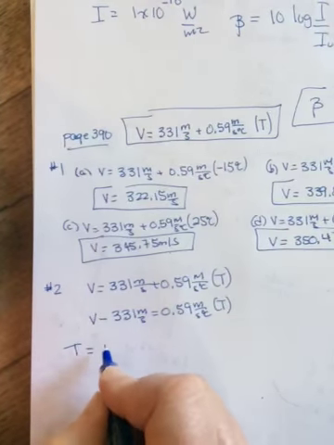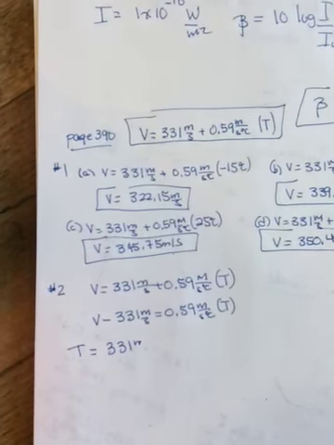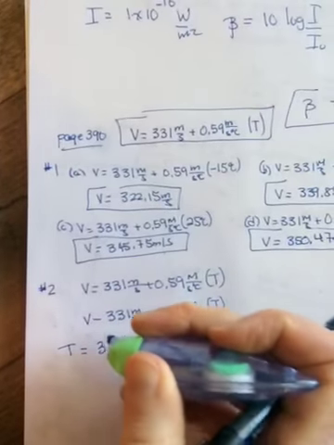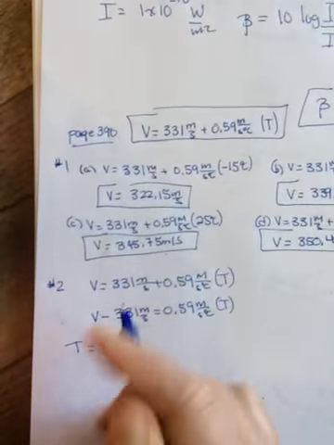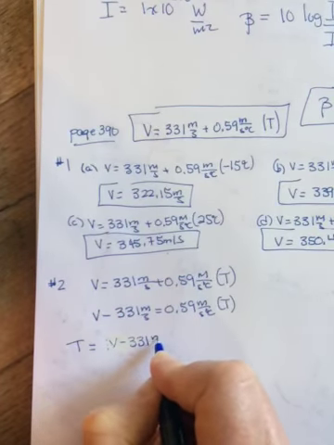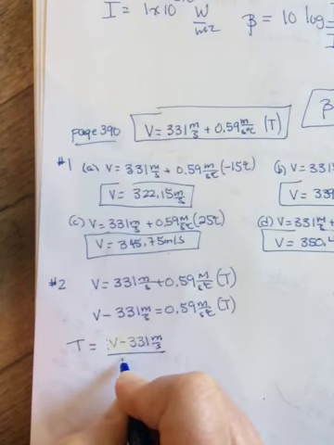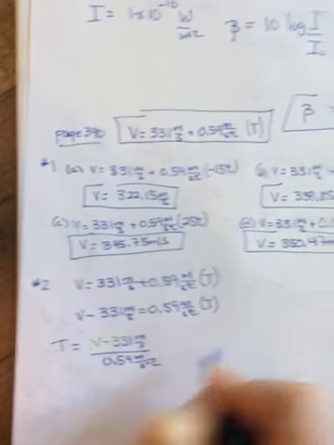So in this question, we'll be doing V minus 331 meters per second divided by 0.59 meters per second degrees Celsius.